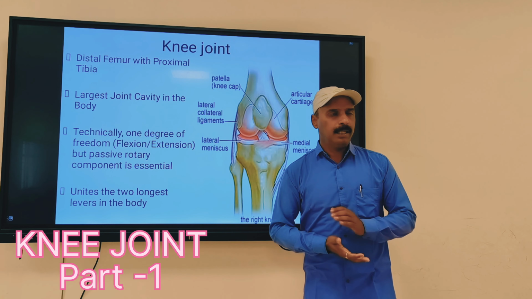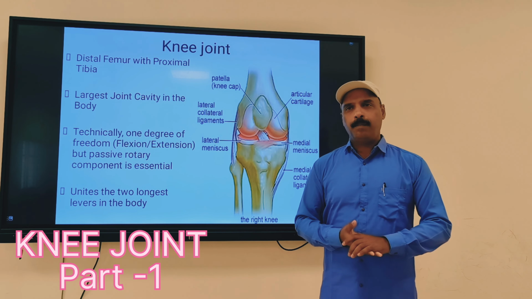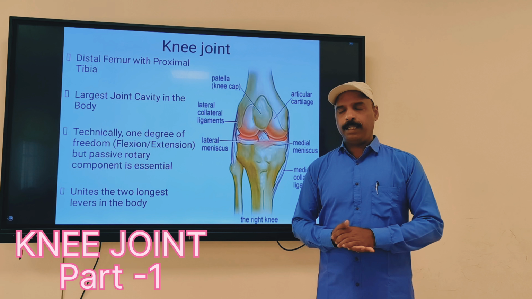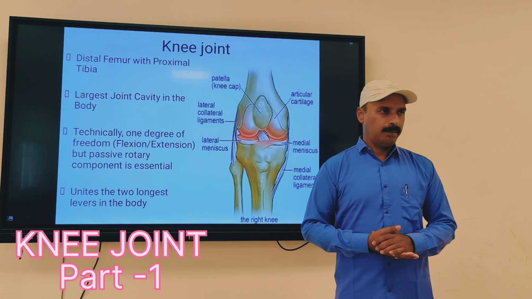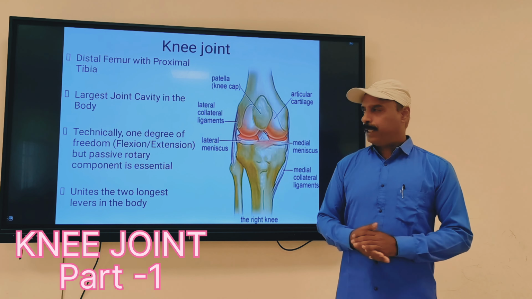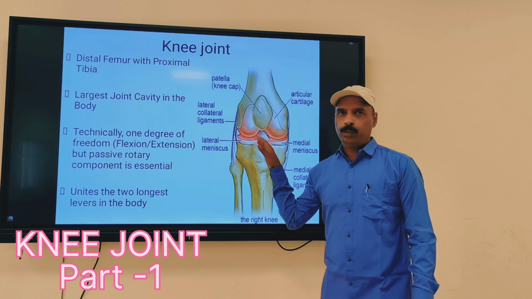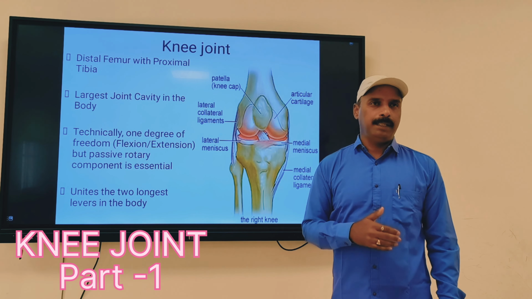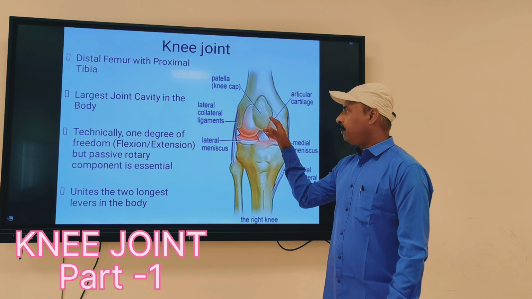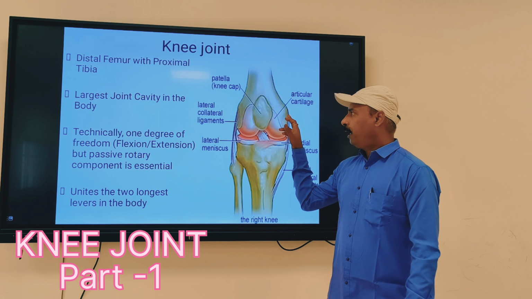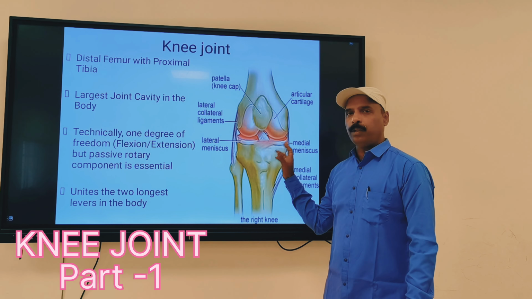So this is a large joint, but it is a compound and complex variety of joint. Complex because the complexity is due to the presence of the joint cavity. We are going to have the patellofemoral joint and the femorotibial joint.